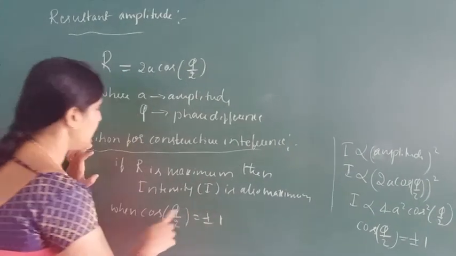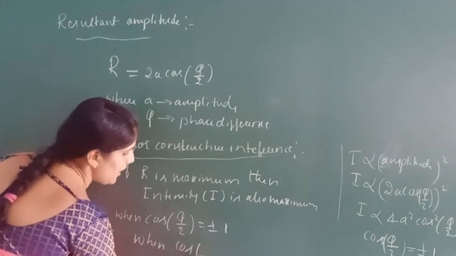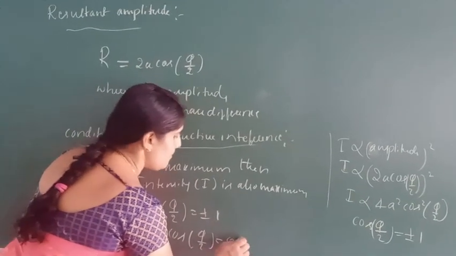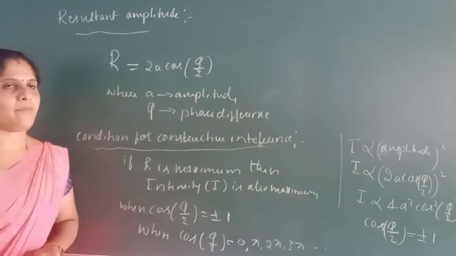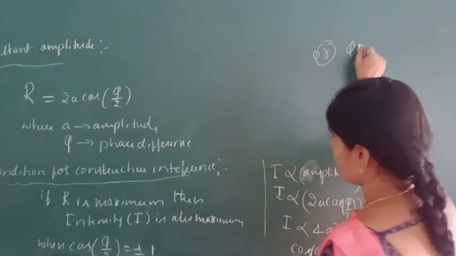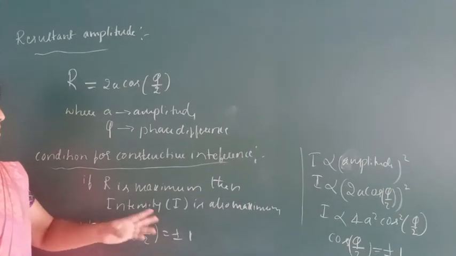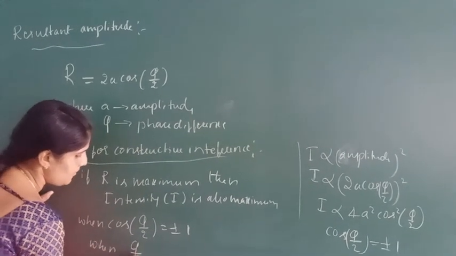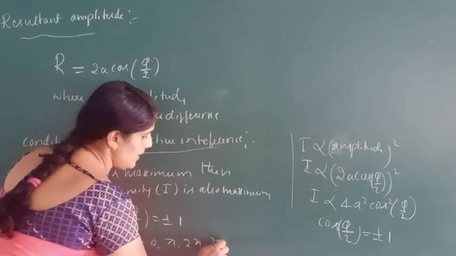This cos of phi by 2 is equal to plus or minus 1 only when phi by 2 is equal to 0, pi, 2 pi, 3 pi, etc.